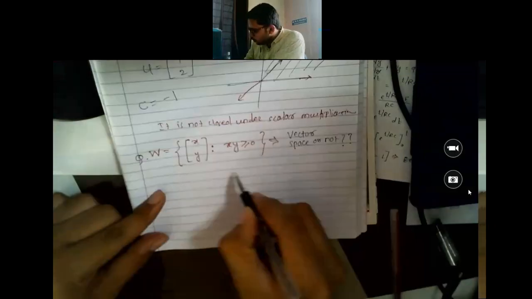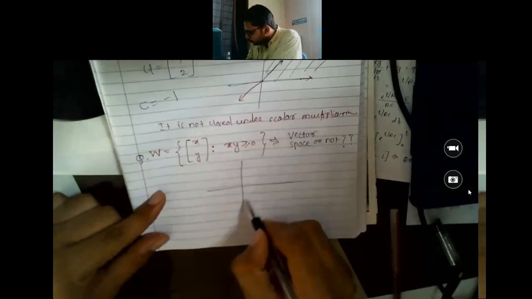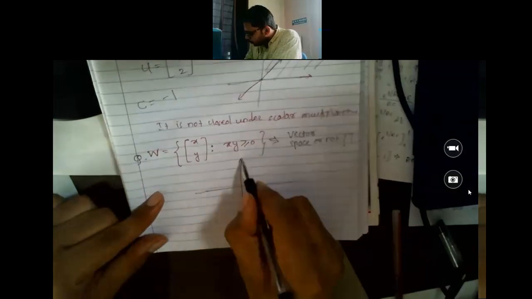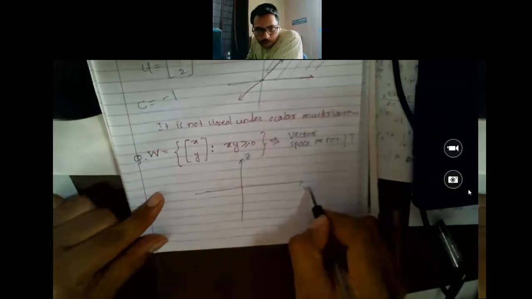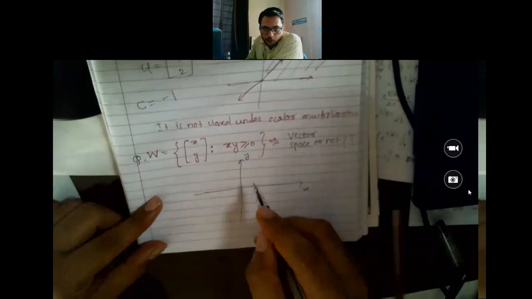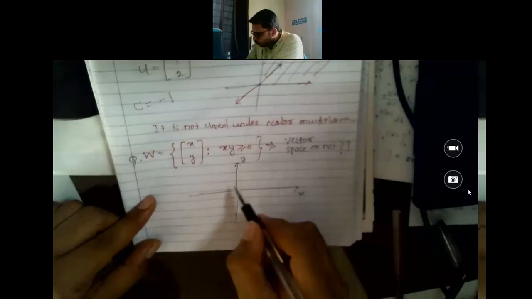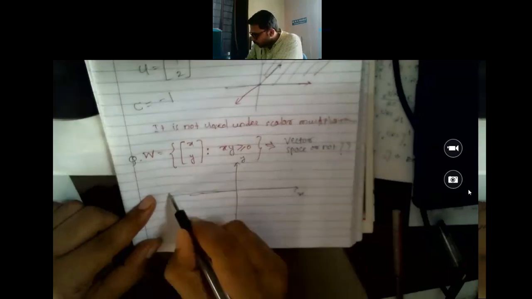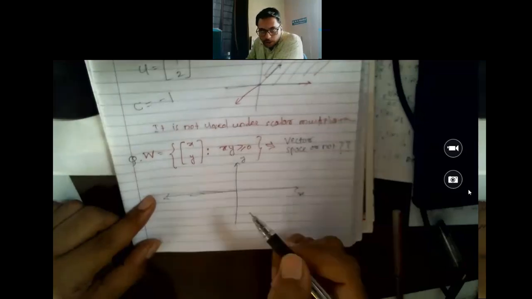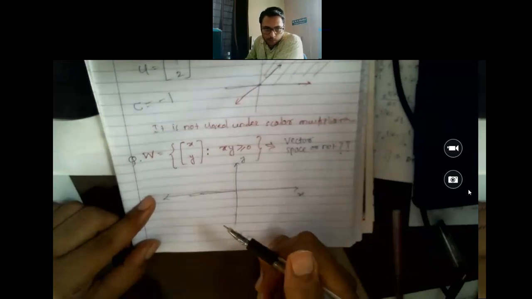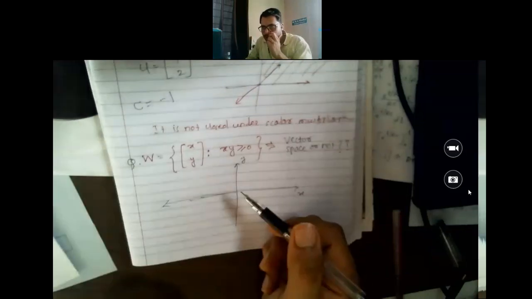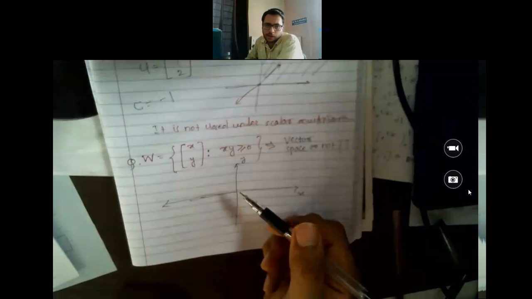Okay. So I'm saying that this is, let's say, y, and this is x. Okay. So product of x and y is greater than or equal to 0. Negative numbers' product can also be greater than or equal to 0. So if two numbers are negative and they are multiplied, their product is also greater than or equal to 0.